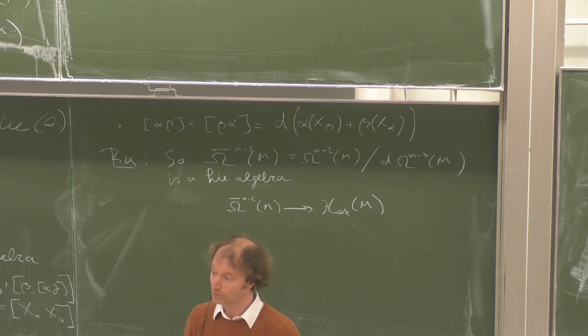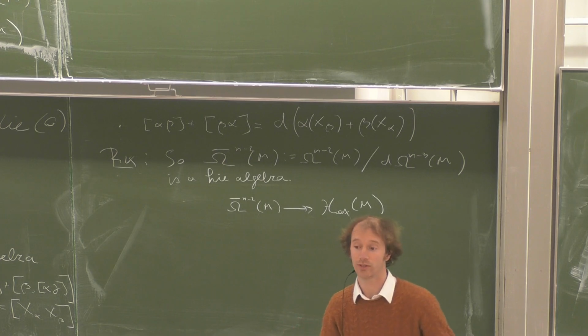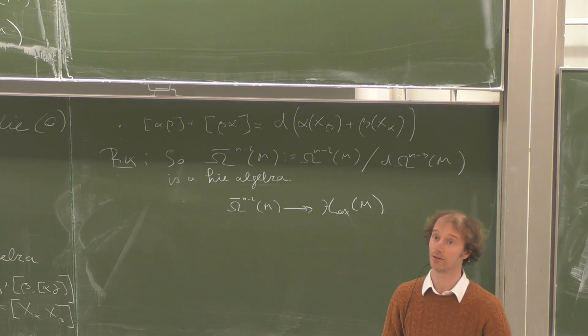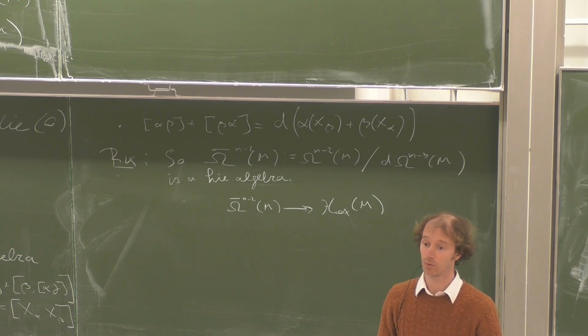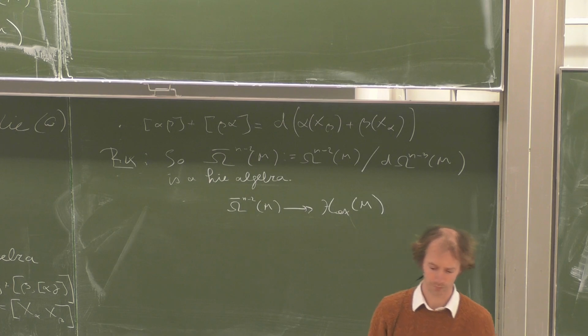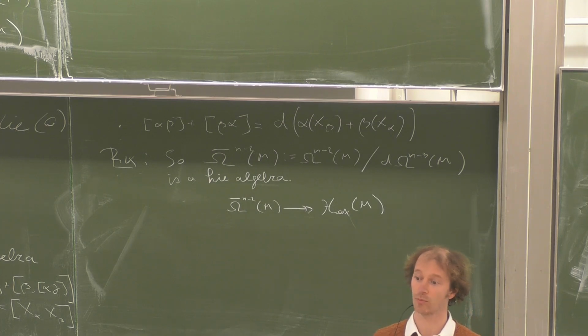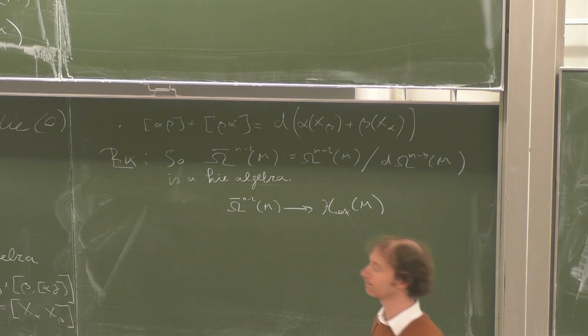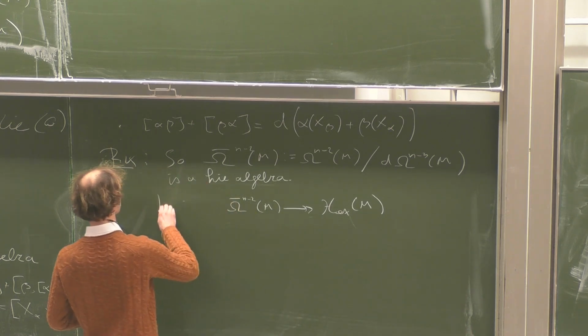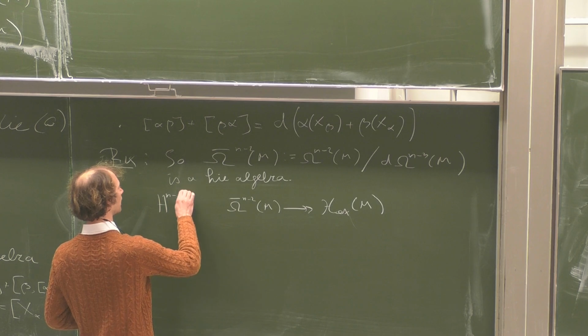It's the cohomology. So X_alpha is 0 if and only if d alpha is 0, that is, if alpha is closed. But we only quotiented out the exact part. So the kernel consists of closed n-2 forms modulo exact, the de Rham cohomology in degree n-2.